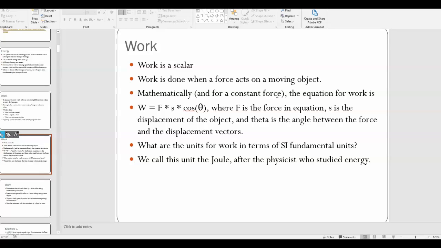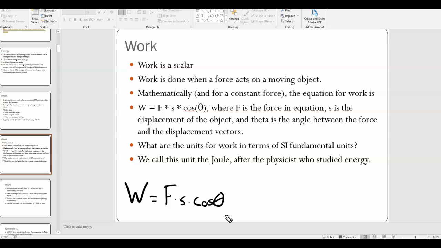If the force is not constant, that's when you need to start using calculus, but we're not going to worry about that in this case. If you have a constant force, then we can calculate the work done by the force through this equation: W, capital W for work, is equal to F s times cosine theta.